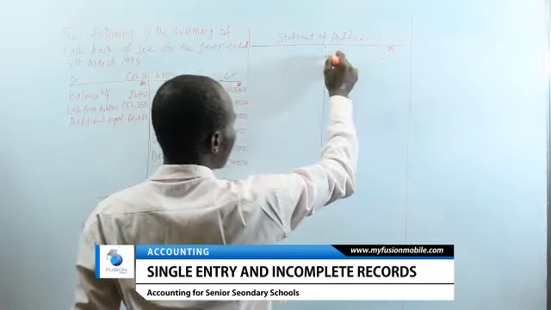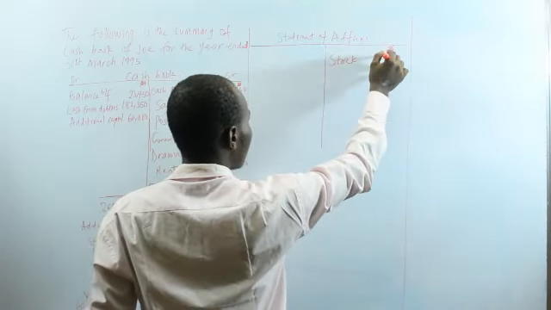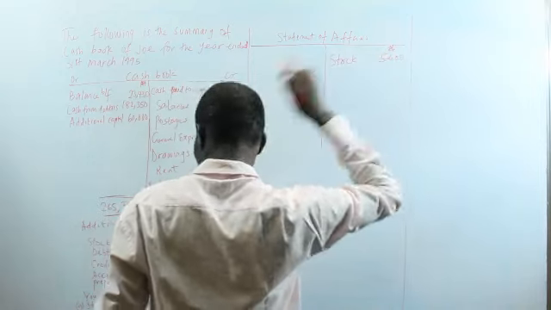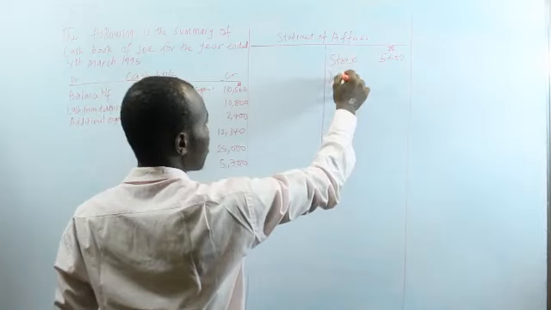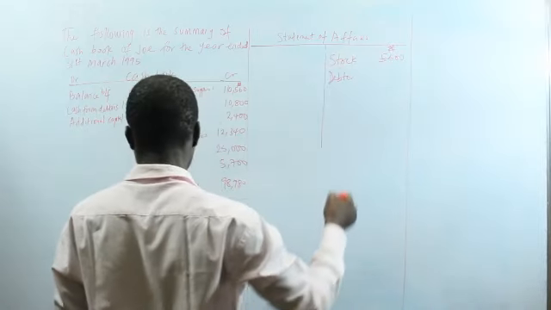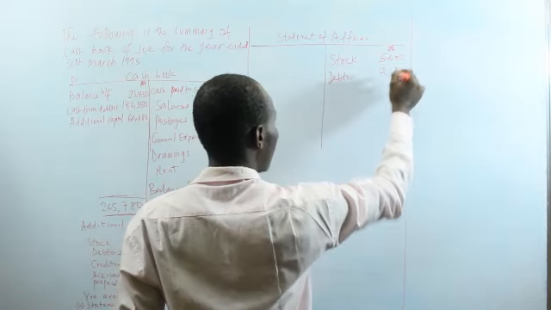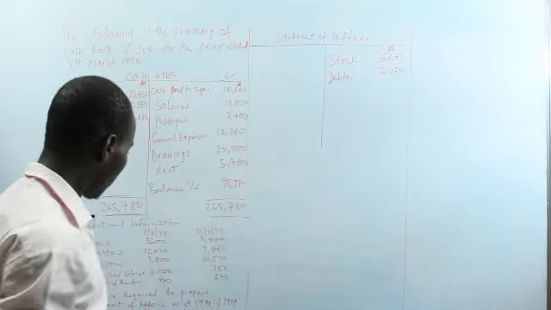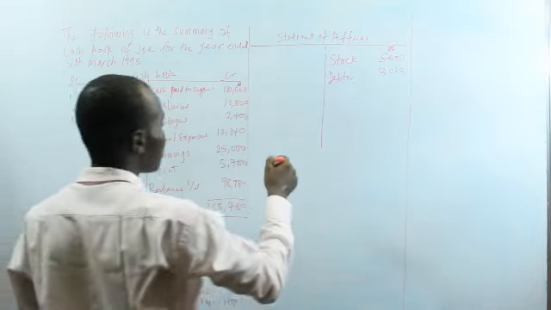So we have stock 5,600. We have debtors, which is 12,020. Also we have accrued, prepaid rent and expenses.